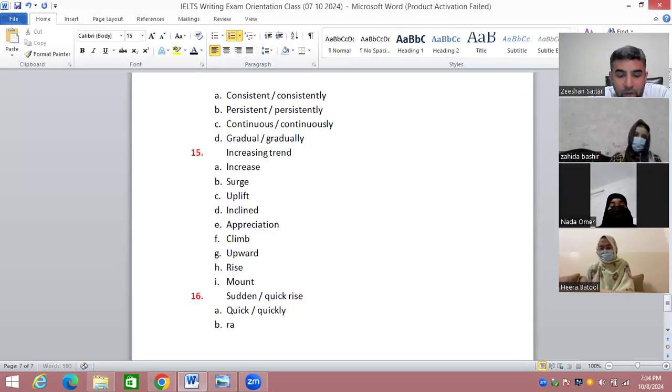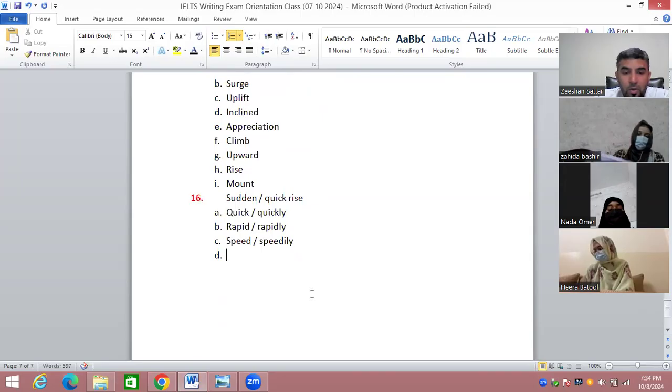We can use the word rapid or rapidly. We can use the word speed or speedily. We can use the word sharp or sharply.